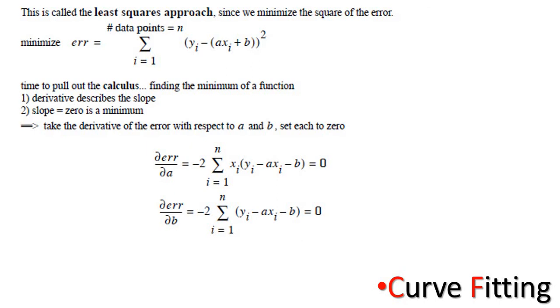In order to find the minimum of a function, first you need the derivative, which describes the slope. A slope equal to 0 is a minimum. So we take the derivative of the error with respect to a and b and set each to 0.